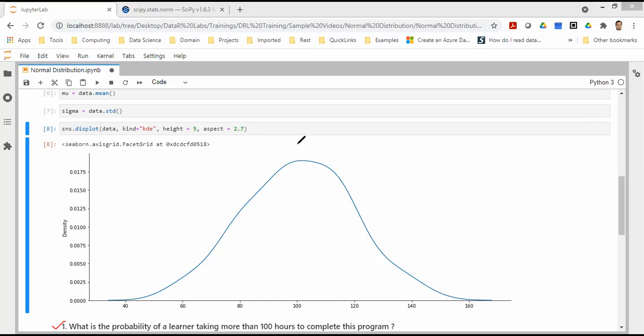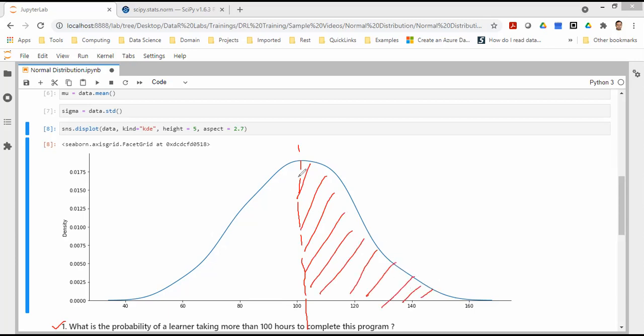What this question is saying is, what is the probability of a learner taking more than 100 hours, which essentially means it's asking us to calculate this area above 100 hours.